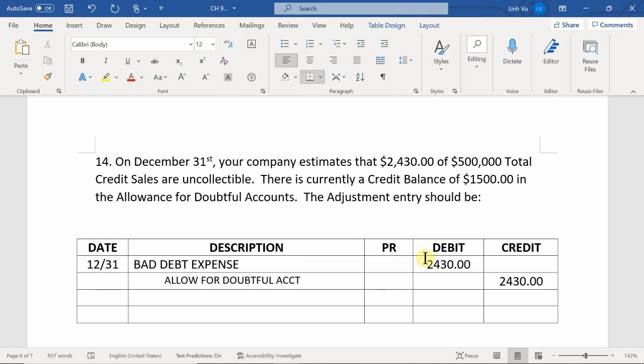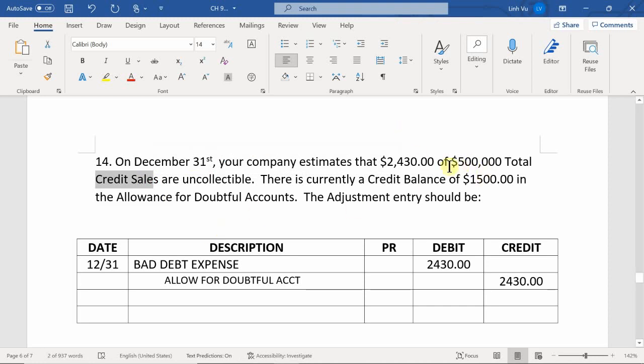When I have to put the estimate amount without any add or minus the credit balance or debit balance, when I have like this in 14. When you see total credit sales. Right here. Total credit sales. What is the key? My question, the keyword. Total credit sales.